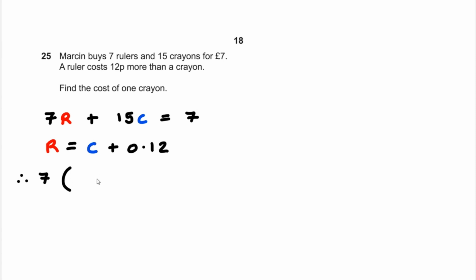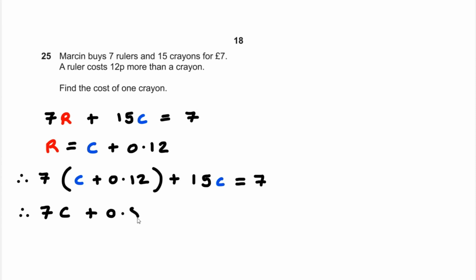So I've got 7 multiplied by C plus 0.12, so that's the 7R, plus 15C equals 7. So multiplying the brackets, I've got 7C plus 0.84 plus 15C equals 7.